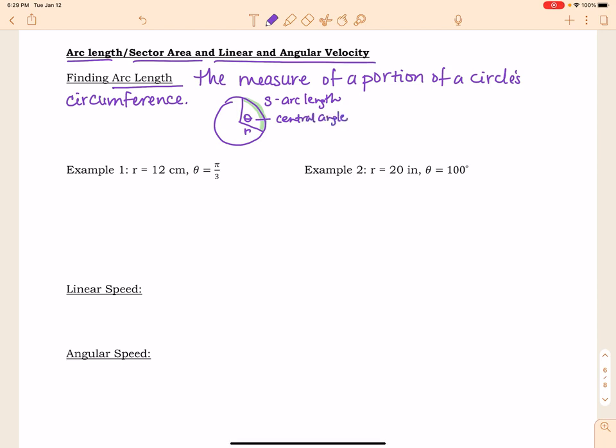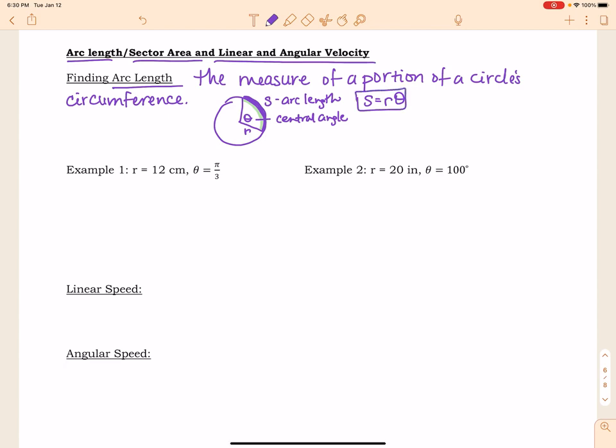So that central angle is a portion of the 360 degrees about the circle, and of course this little green area here, that arc, is going to be a portion of the circumference. So there's actually an equation here that we can use. The arc length is actually equal to the radius times that central angle.